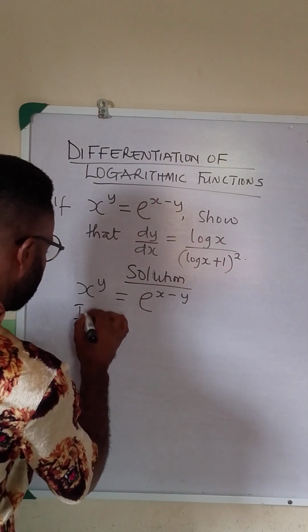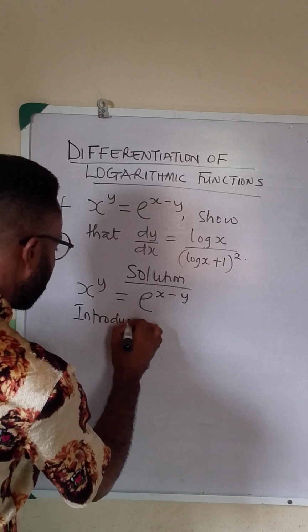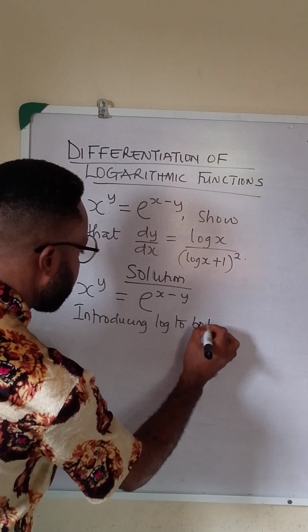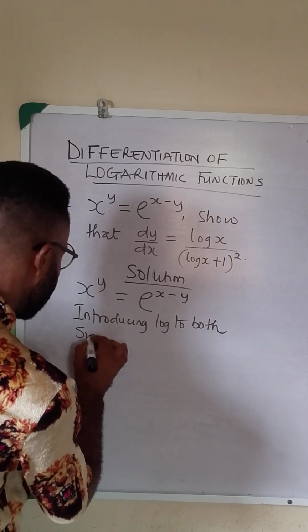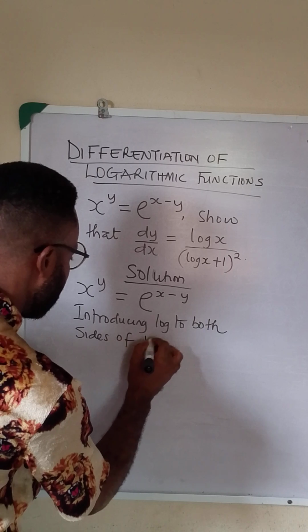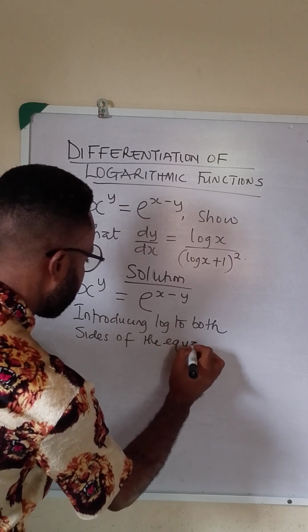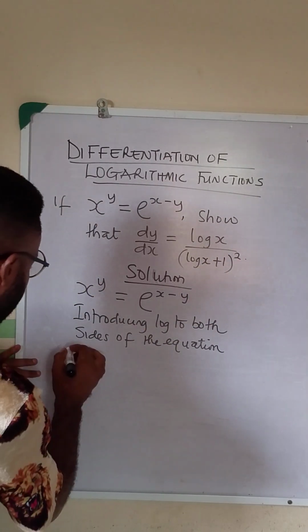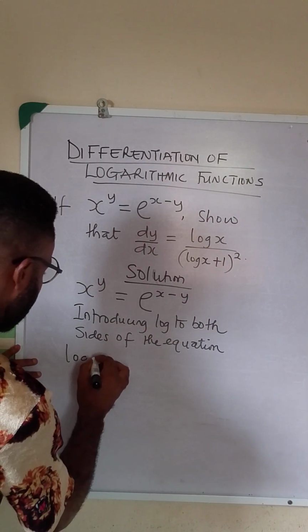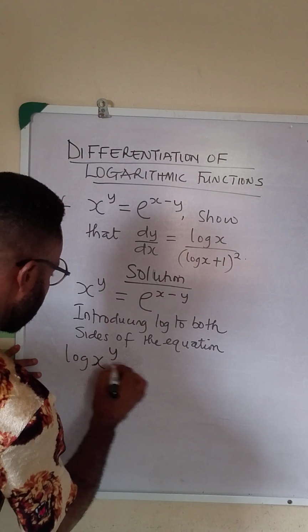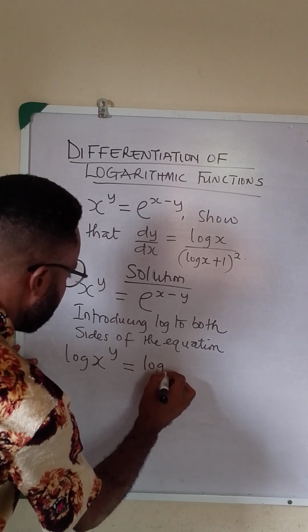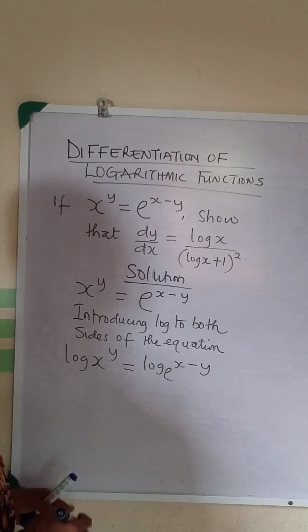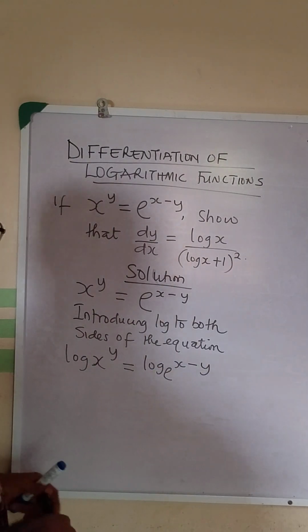So when we introduce log to both sides, we are going to have log x raised to power y equal to log exponent x minus y.